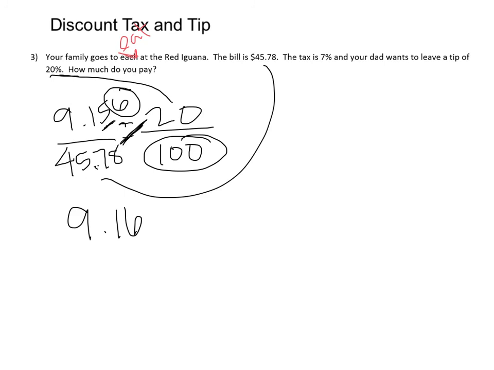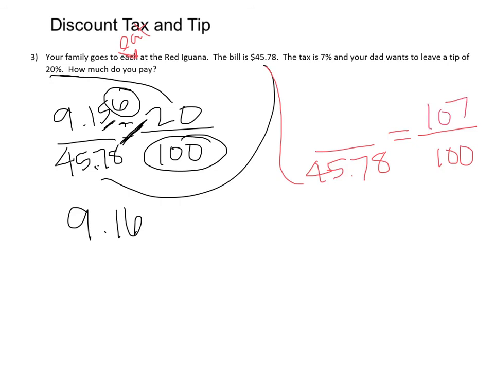Now I'm going to do the tax. The tax, I use the same total amount, $45.78, equals something over 100. Tax is an add-on, so we still need that 100%. We're going to add 7, so we're going to do 107%. Cross multiply, 45.78 times 107 divided by 100.